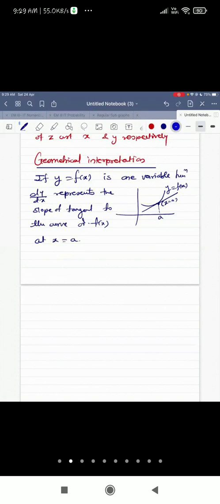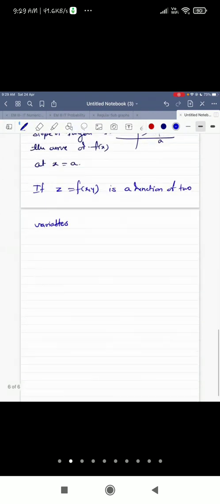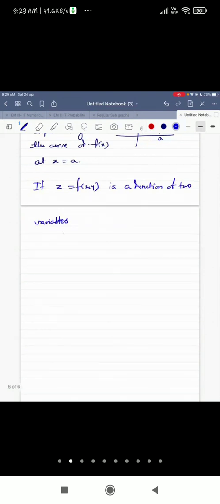Now if your function is of two variables, so if z equal to f(x, y) is a function of two variables, I'll have to show it in a three-dimensional figure.